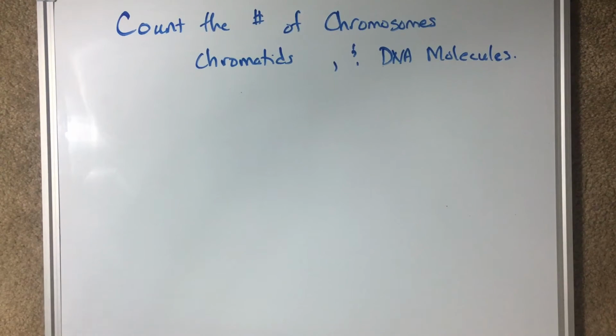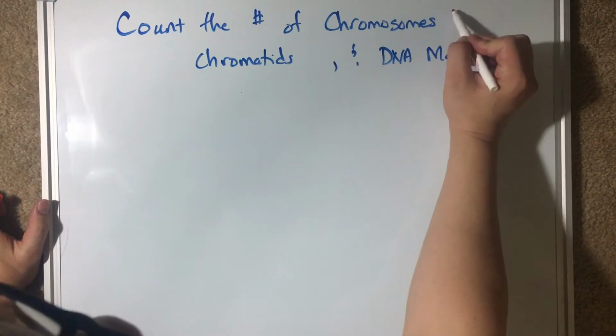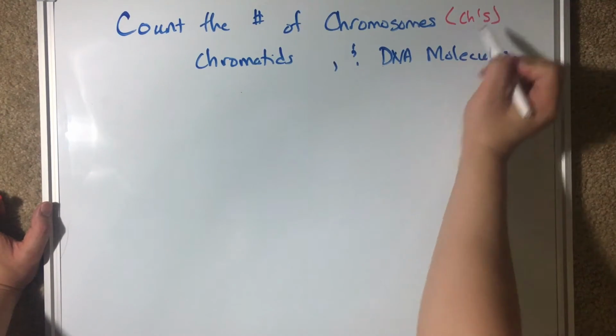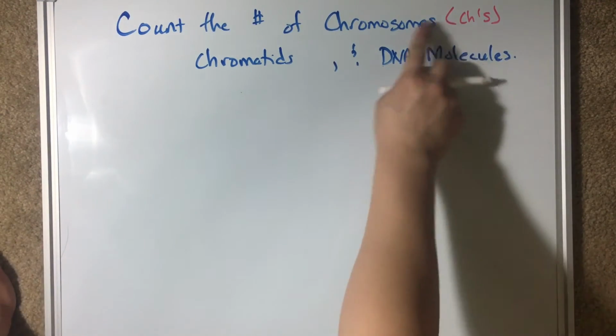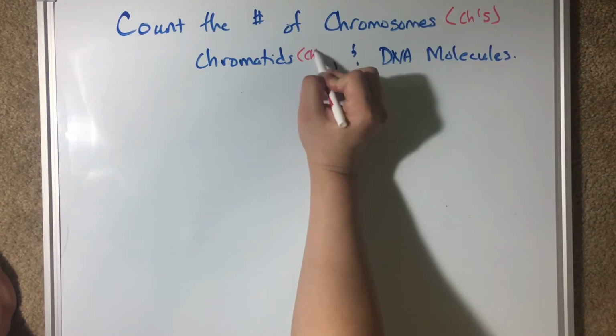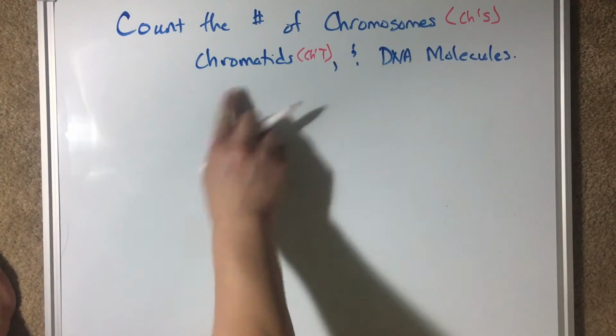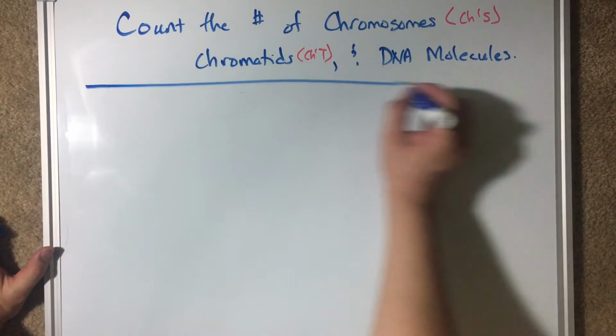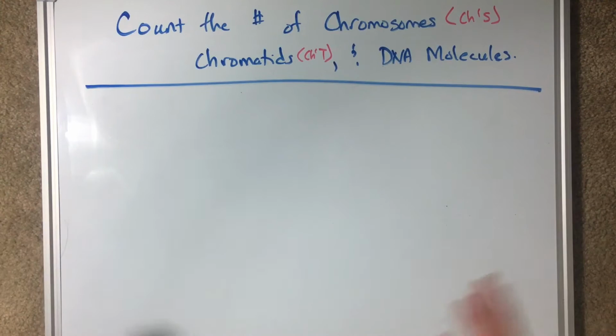Now for this, I like to use an abbreviation for chromosomes, CH, and for chromatids, CH. Okay, it just makes it easier for us, so I don't have to write too many letters on the small whiteboard that I have here.